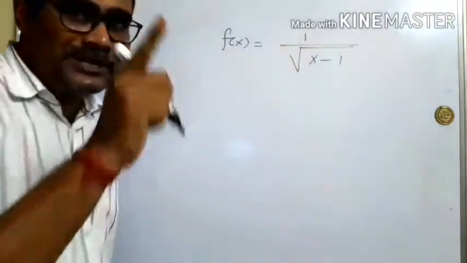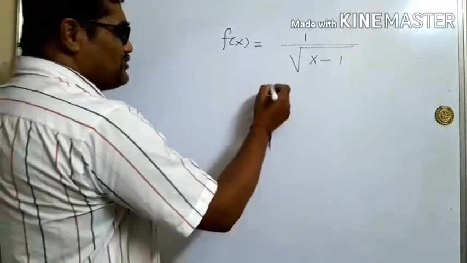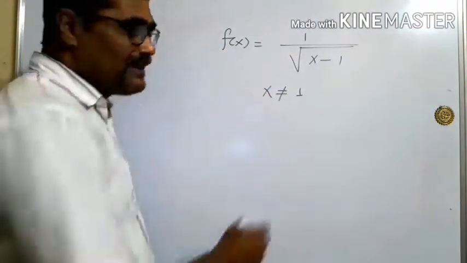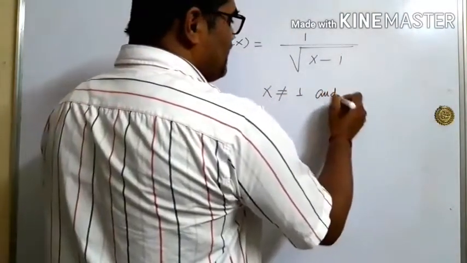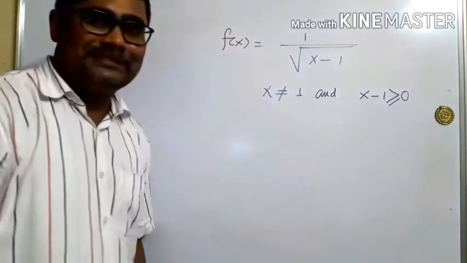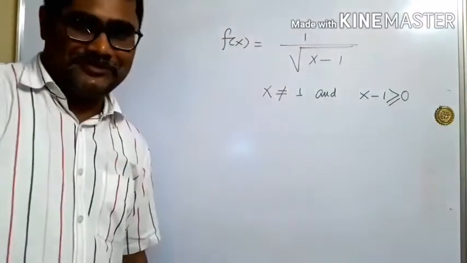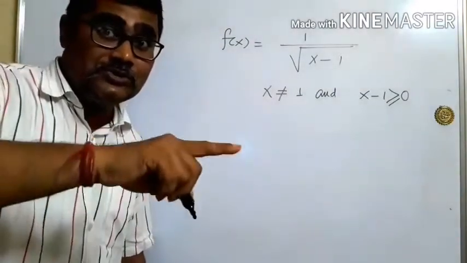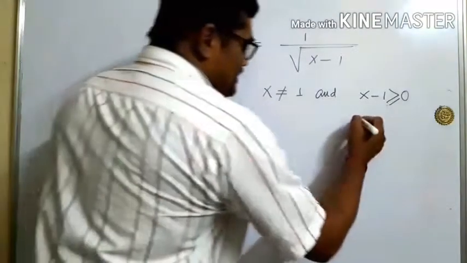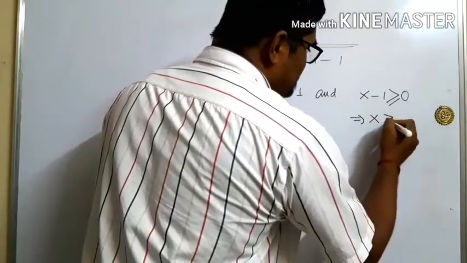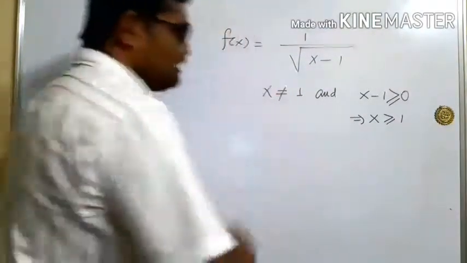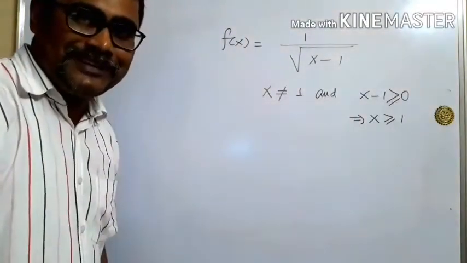So, what conditions do we get? We get the condition x cannot be equal to 1 and at the same time this should be greater than or equal to 0. In order to get root of x minus 1 worked out, this will tell you x is greater than or equal to 1, and this is already saying x is not equal to 1.